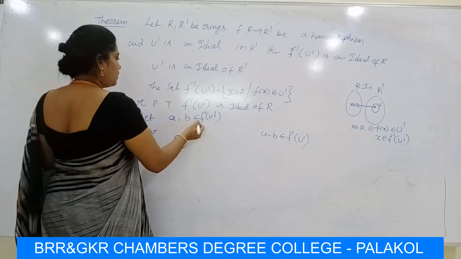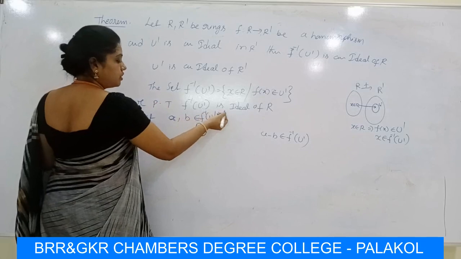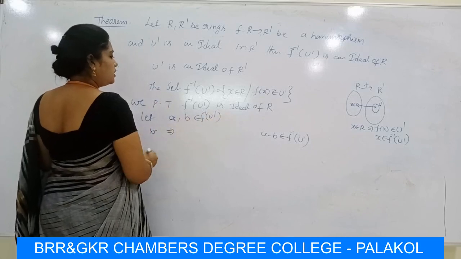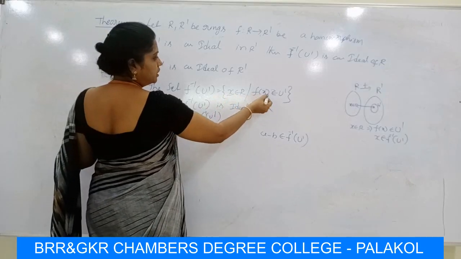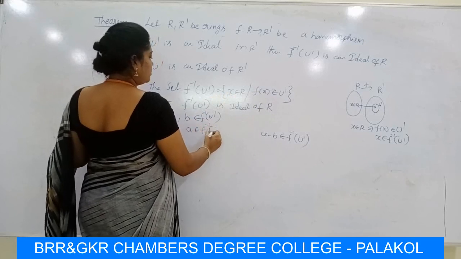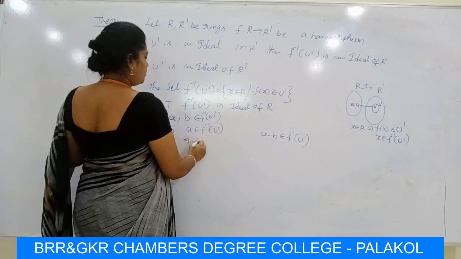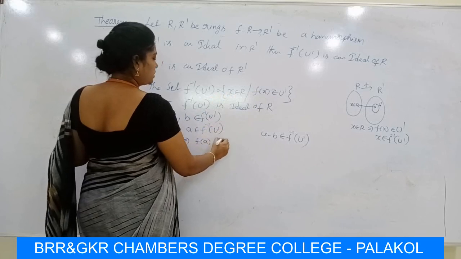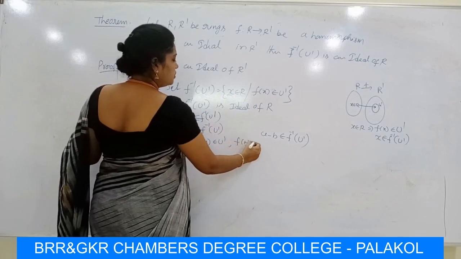So A, B belongs to F inverse U dash, that implies F of A belongs to U dash and F of B belongs to U dash.